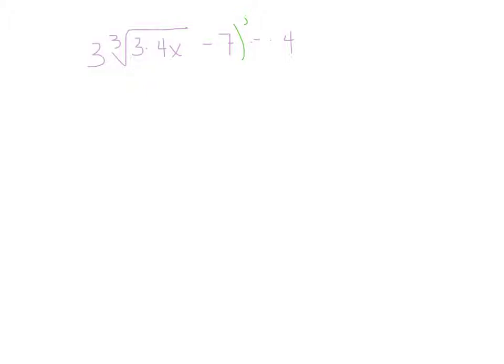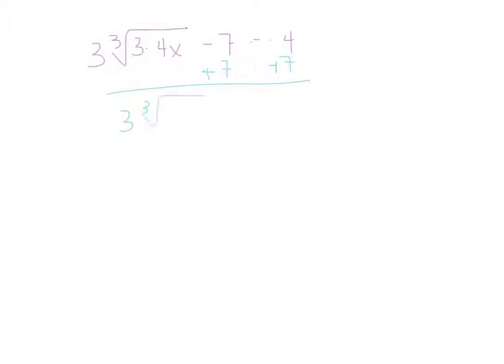You can do it, but it's nothing that you want to do. So in this case, you always want to get the radical completely by itself before you raise that side to an exponent. So we're going to go ahead and add 7 to both sides.